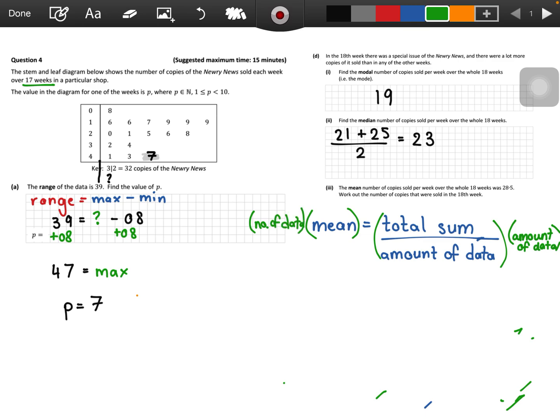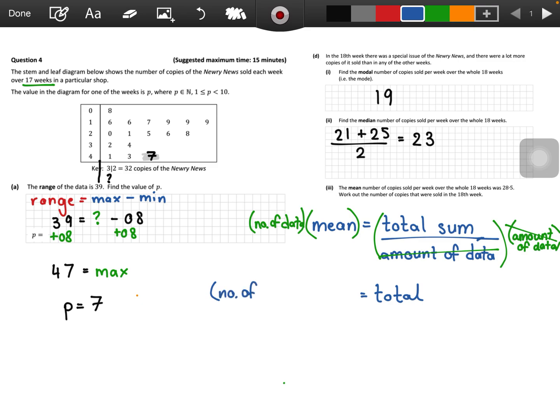Well, I now know what my actual information sums to. These will cancel because I've multiplied and divided by the amount of data. So the total sum of all my data is the number of data times the mean.